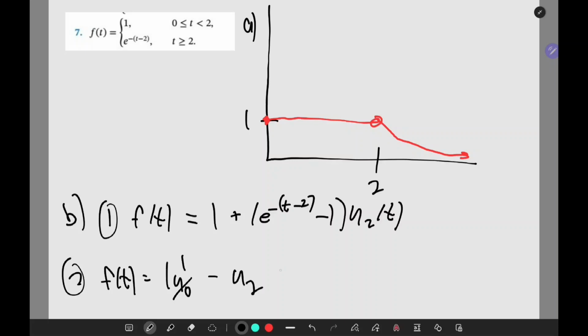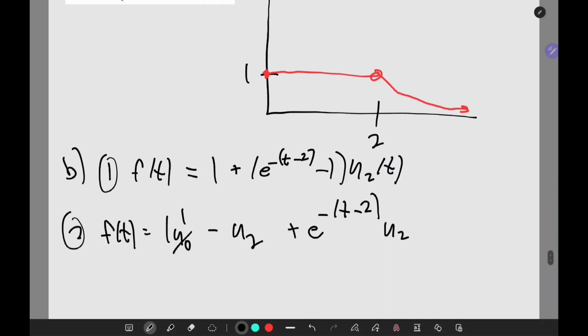And then you're going to have, you see how that works? It's just not going to be grouped. And then you have plus e to the minus t minus 2 of u of 2. Of t, I'm going to write those t's there. So it's a good way to check your answer, honestly, if you wanted to. Right? It's the same thing. If you pull out the u of 2, you get that. It's the same thing, right?